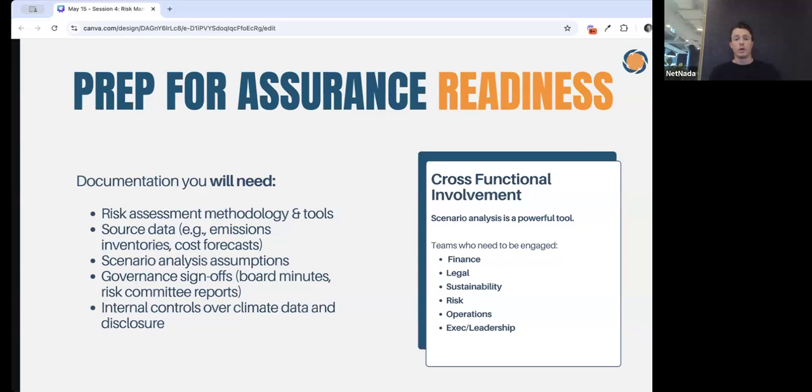It's important to remember as well that this is new for everyone, including your auditor. So that's an even more important reason for getting your auditor engaged with your consultant, or whoever it is that's supporting you, and getting everyone on the same page before things kick off. It's super beneficial.